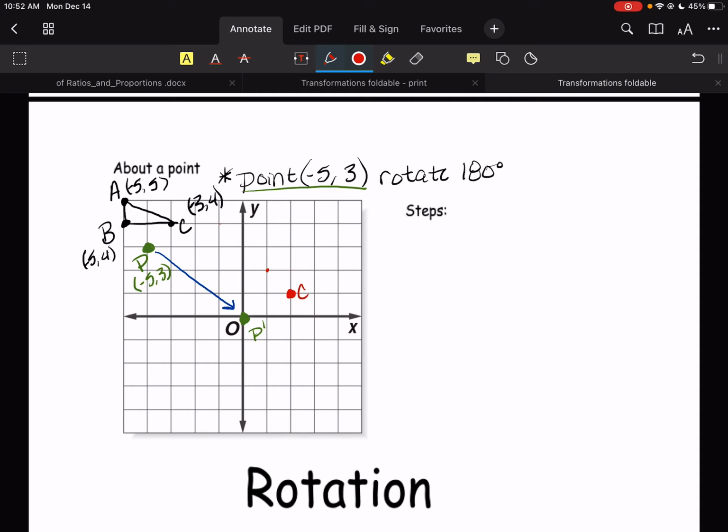So that'll be our new C value. And I'm going to do that same thing with all of these different points. So same thing with B. I'm going to add so that it moves right and then subtract again, so move down.